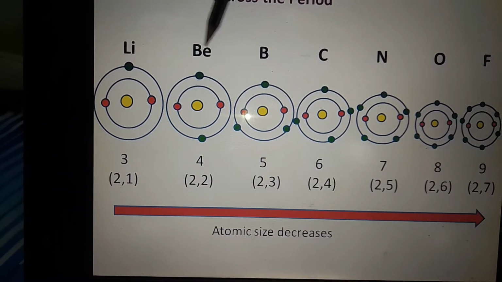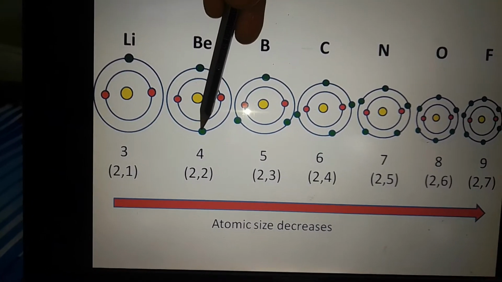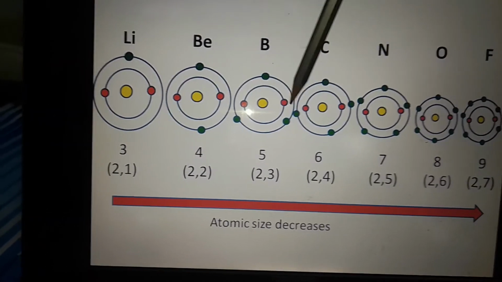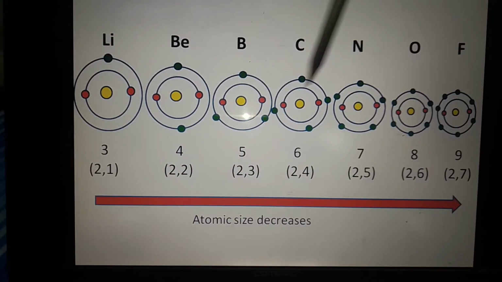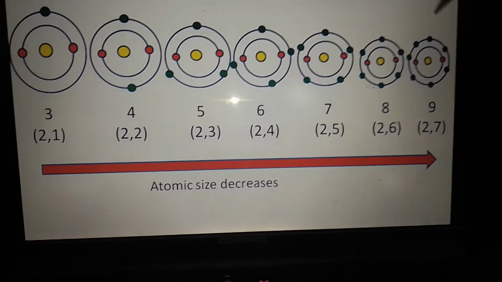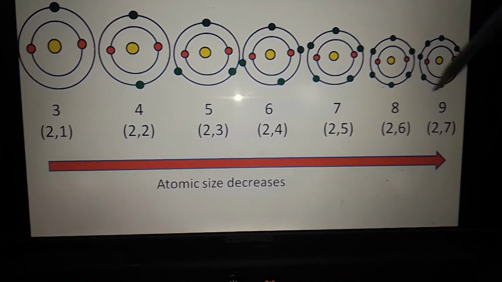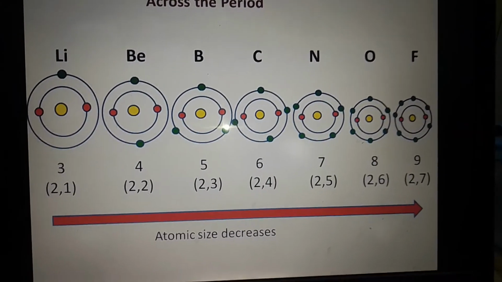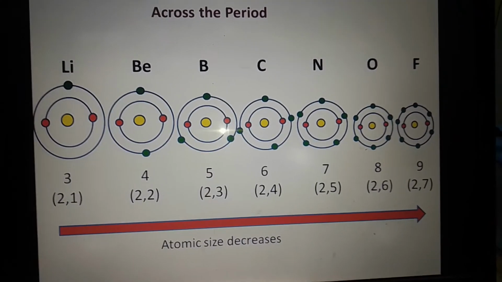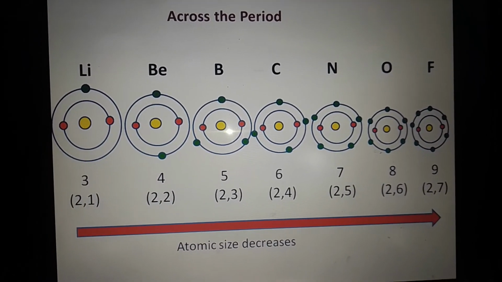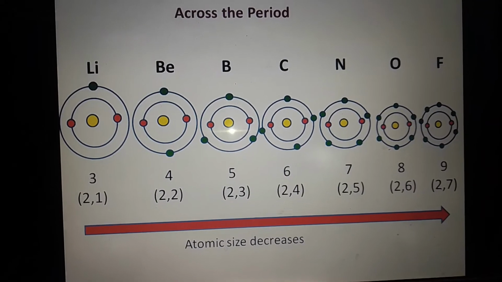In beryllium, 2 electrons are present. In boron, 3 electrons are present. Accordingly, as we go towards fluorine, it contains a total of 7 electrons in the outermost shell. This indicates that across the period, the number of electrons increases from left to right.